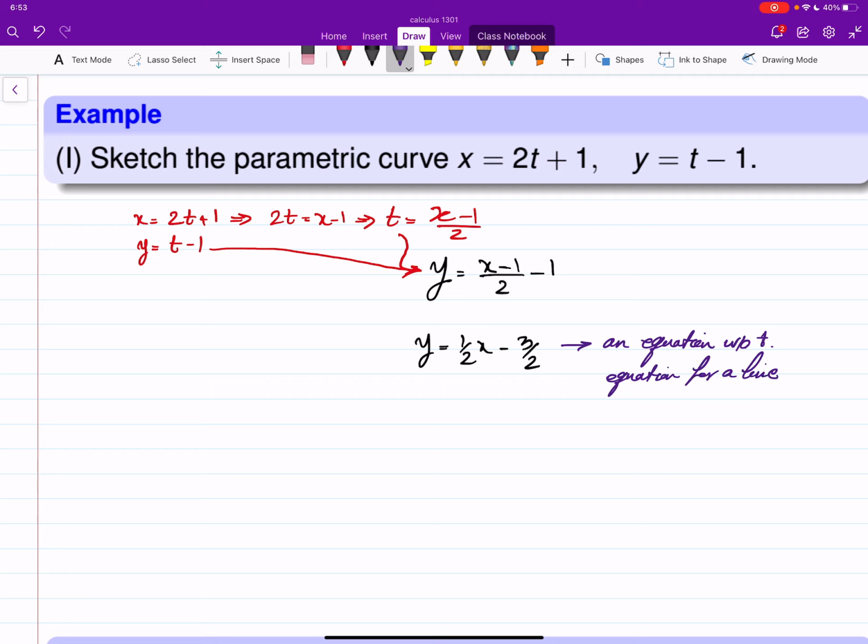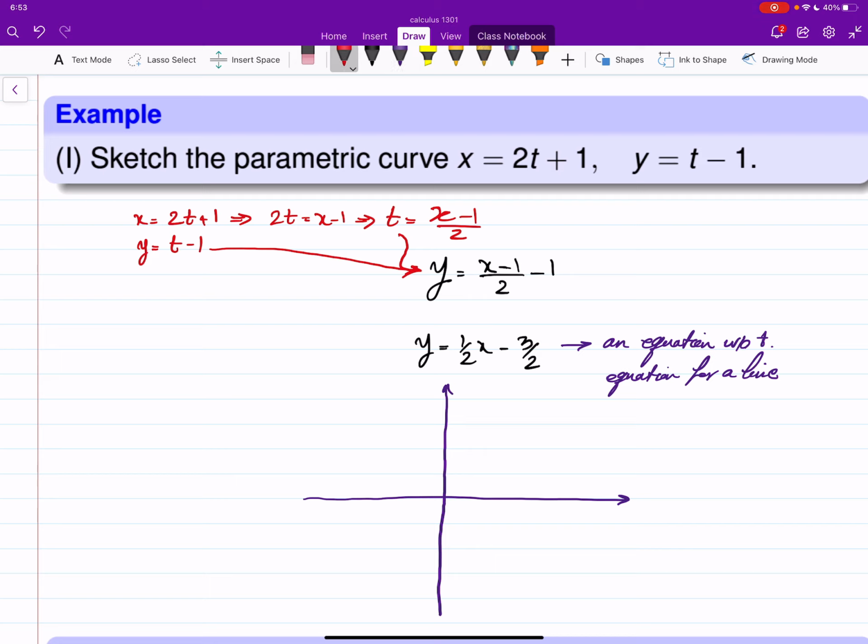So what we did before, just by evaluating and guessing and finding a pattern, now we can show in detail that yes, this parametric equation is an equation for a straight line.